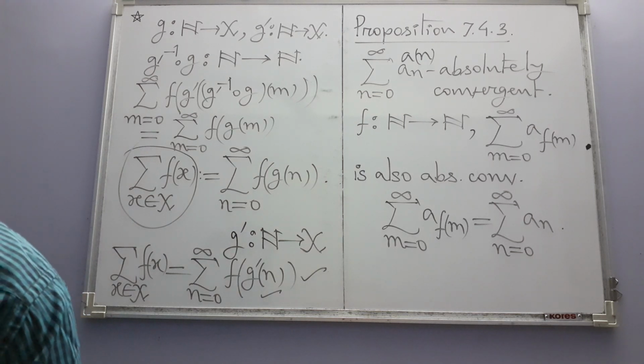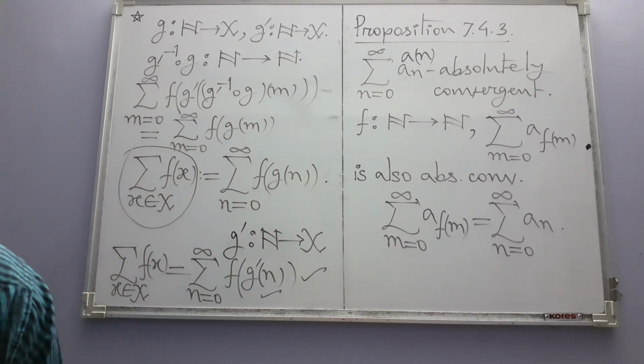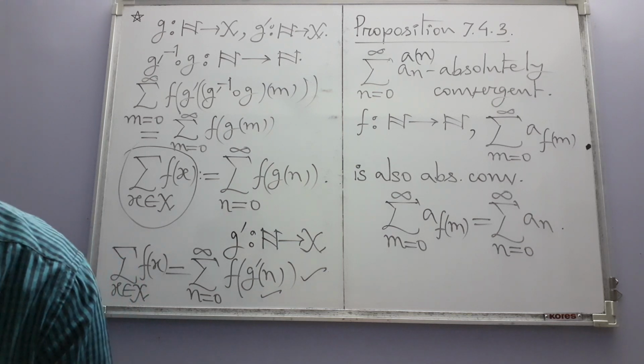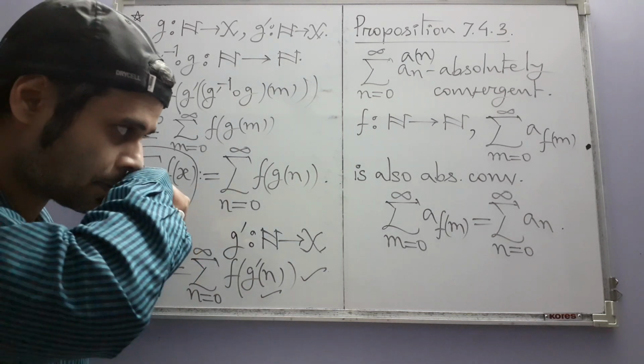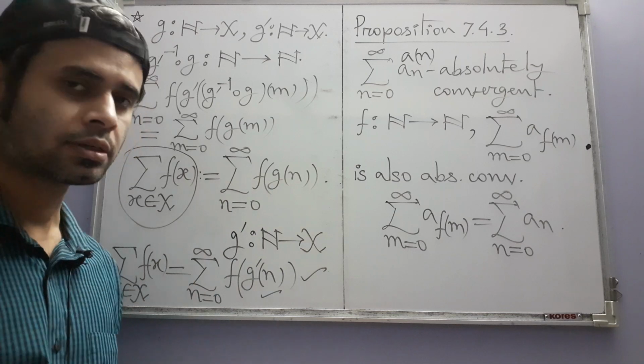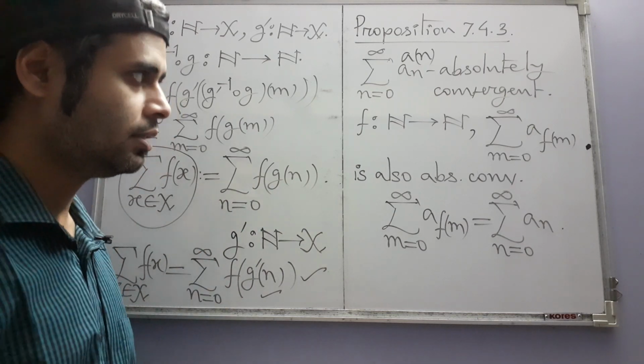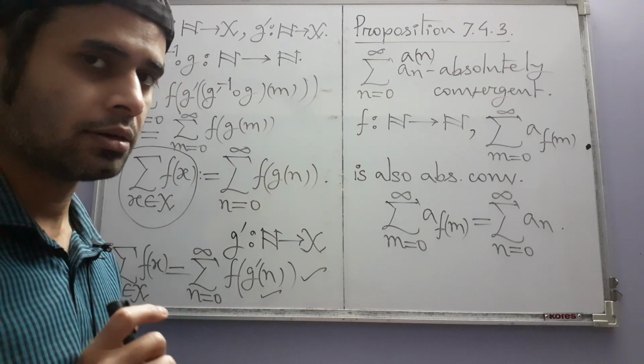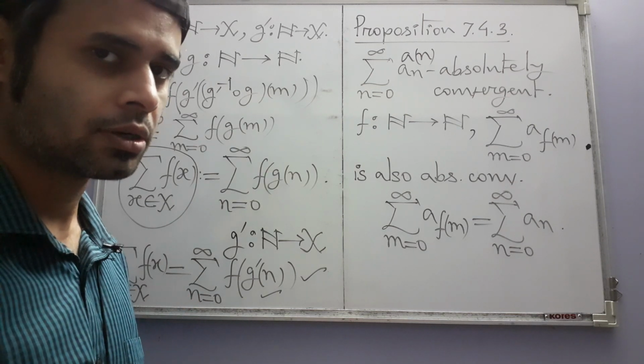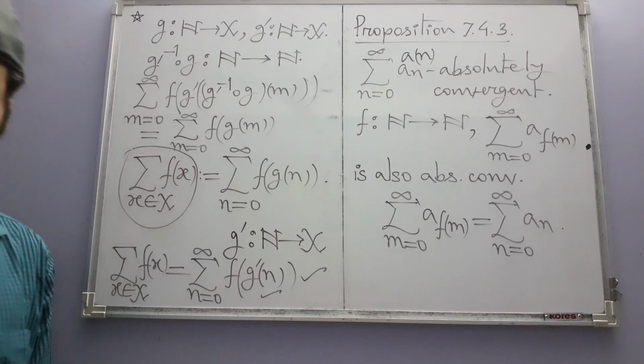Now using this notion of sum over countable sets, we can state and prove a very important result called Fubini's theorem for infinite series.